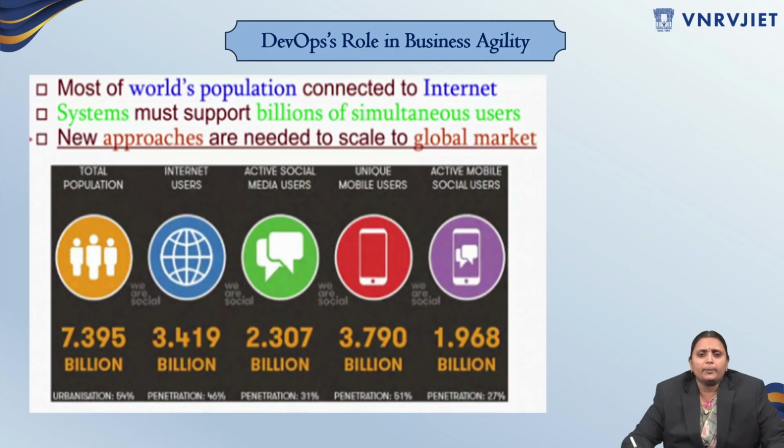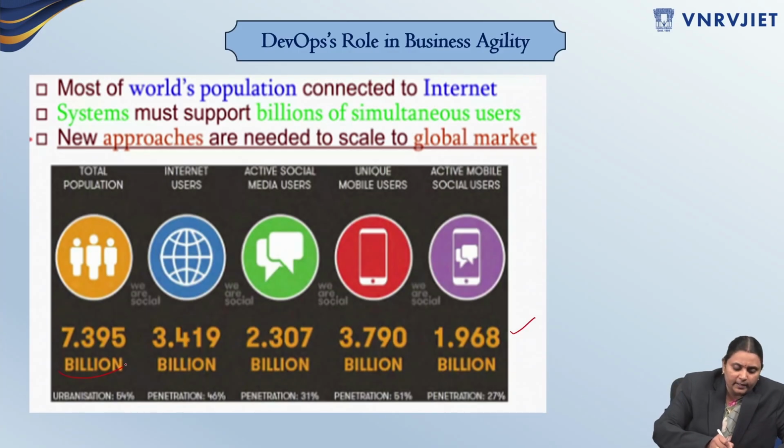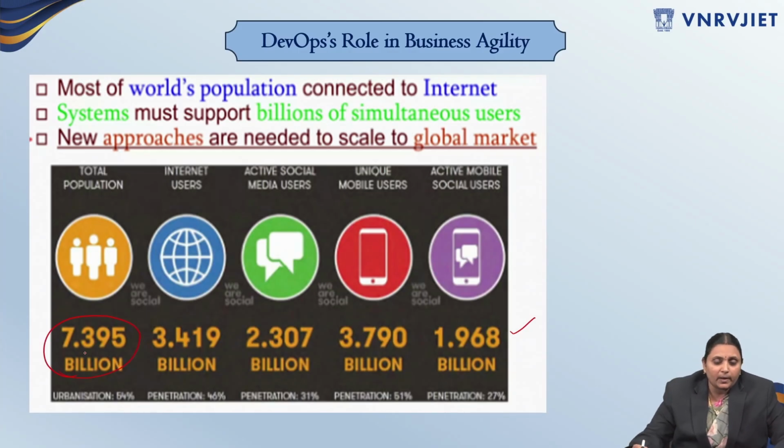It means new approaches are needed to scale the global market. If you observe this diagram, overall 7.395 billion of the population will start using the internet.